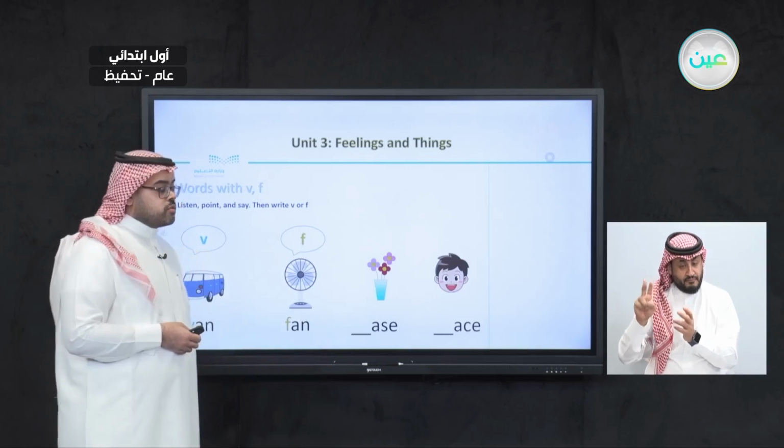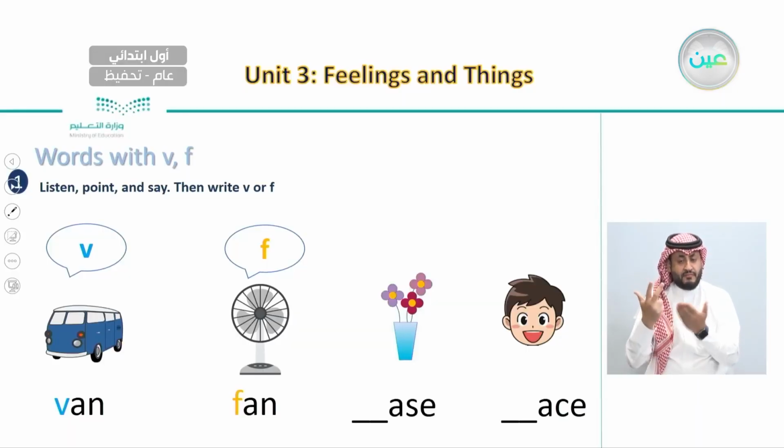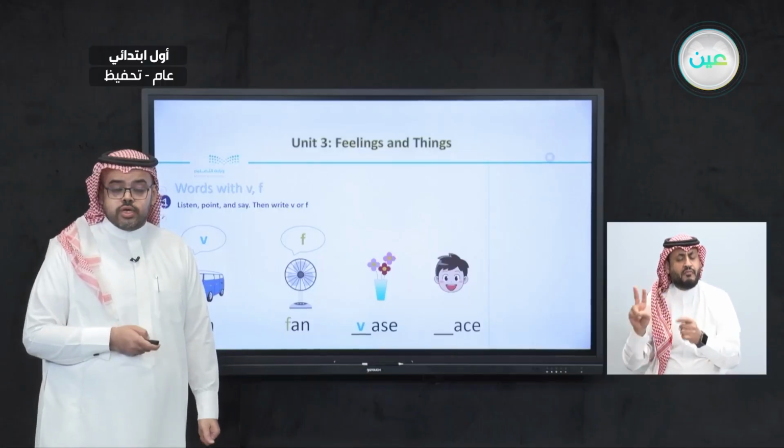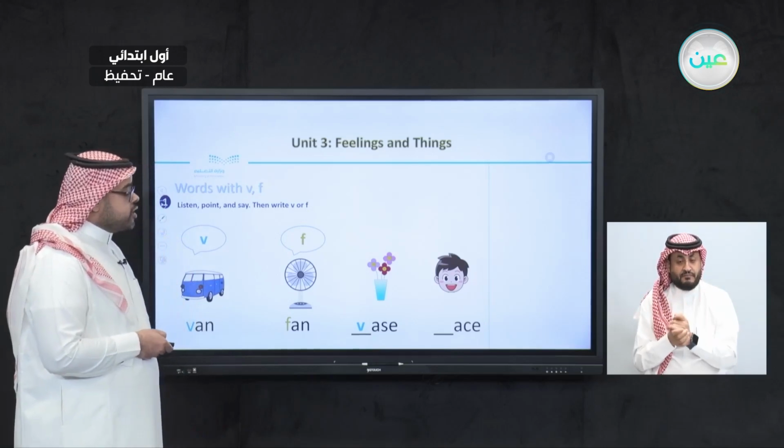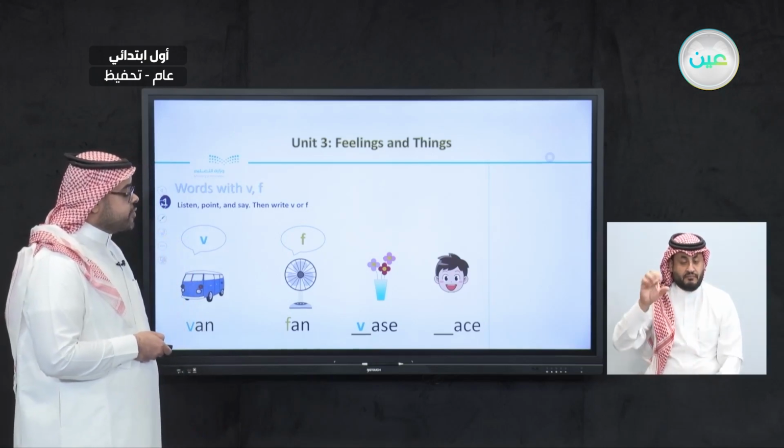The third word we have here is vase. So the word vase, should we write it with V or with F? What do you think? Of course, we should write it with V, vase. Now let's listen to the other word and tell me what we should write it with. The other word is face.